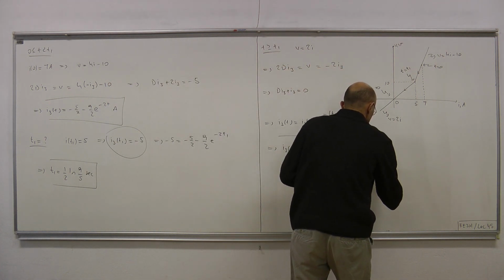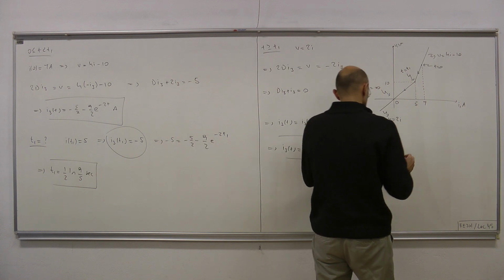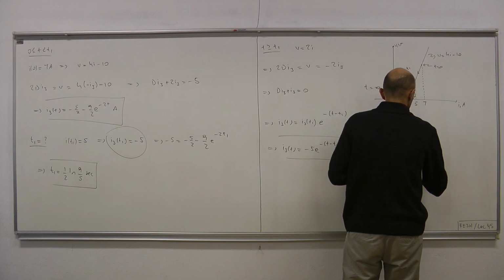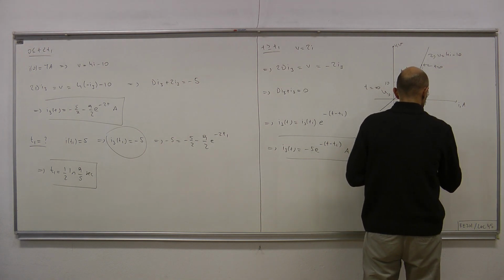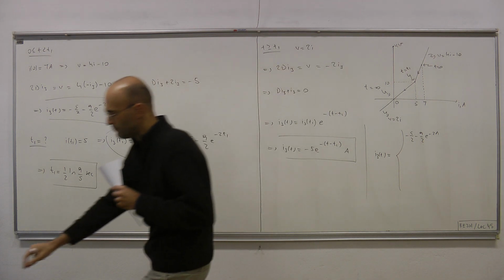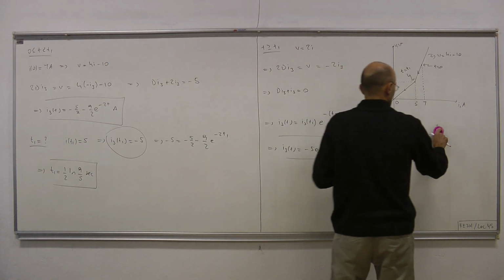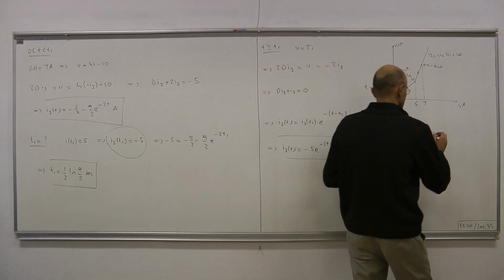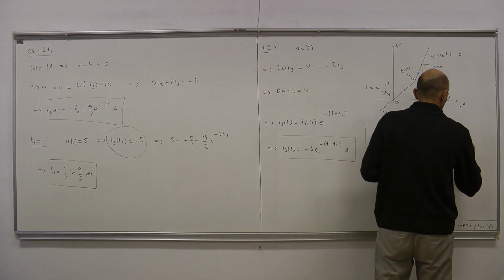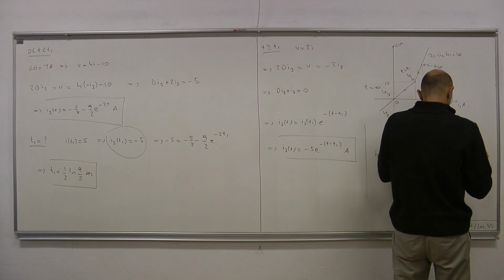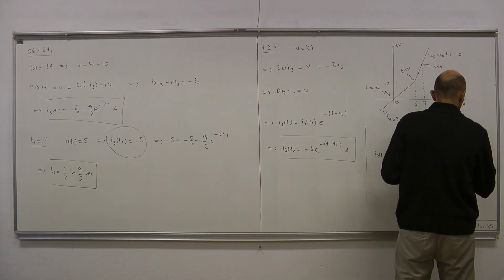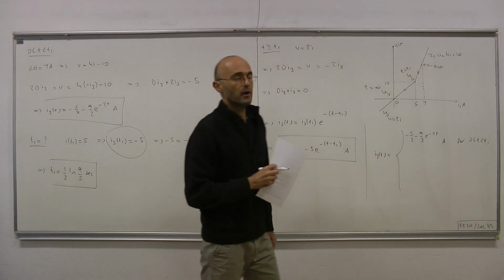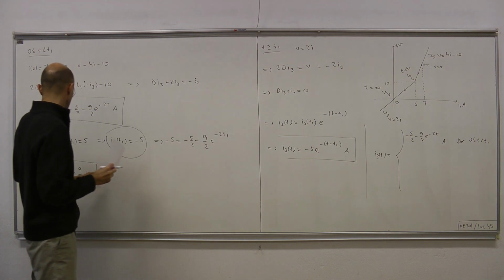So, to sum up, I3 of t equals minus 5 over 2 minus 1 over 2 e to the minus 2t amps for t between 0 and t1, and t1 is here.